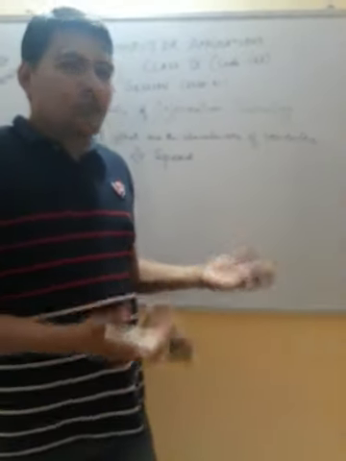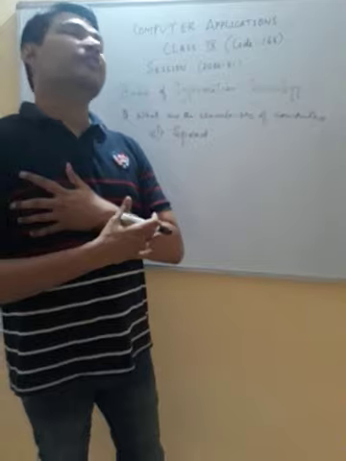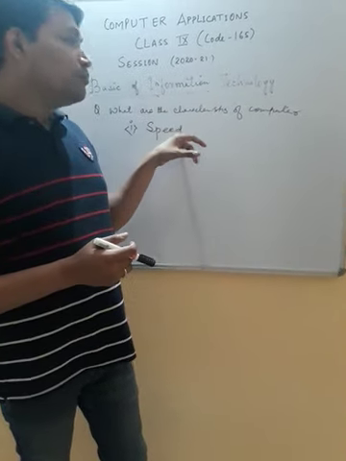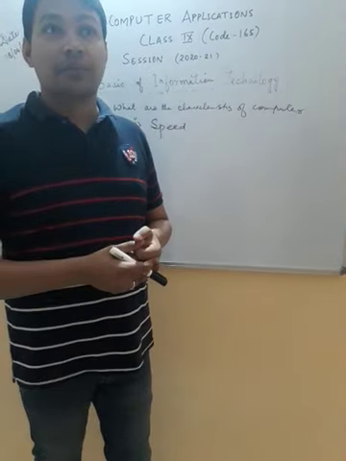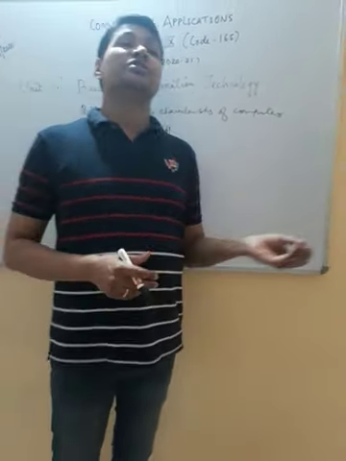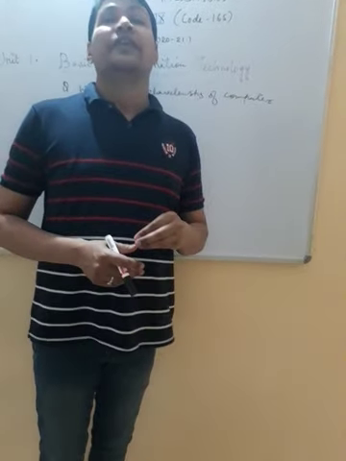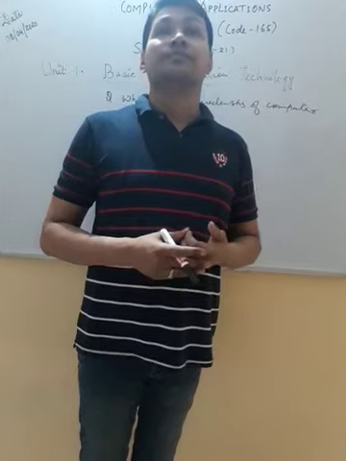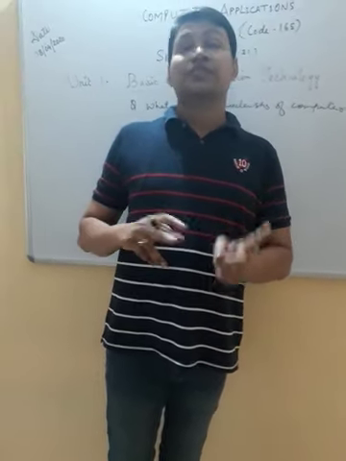In the normal cases, a human being cannot perform this. So we can say the computer speed is very high. It can perform millions of instructions per second. It can perform various tasks at a time with the same speed.